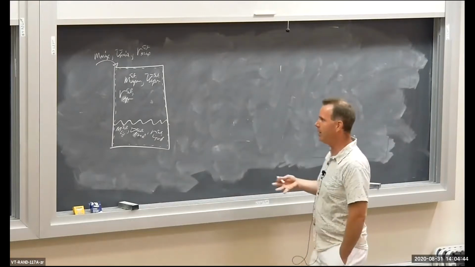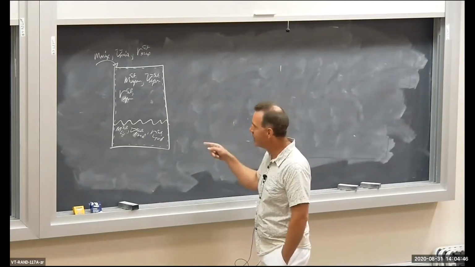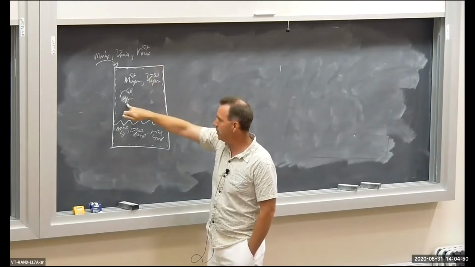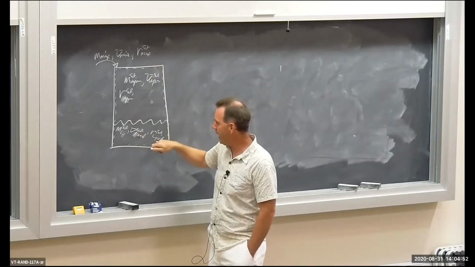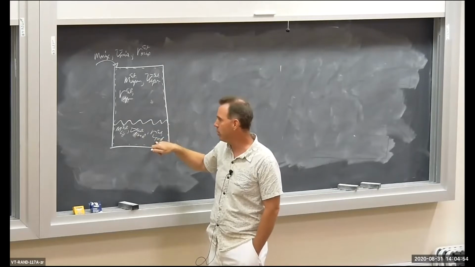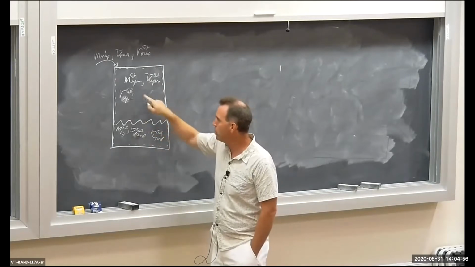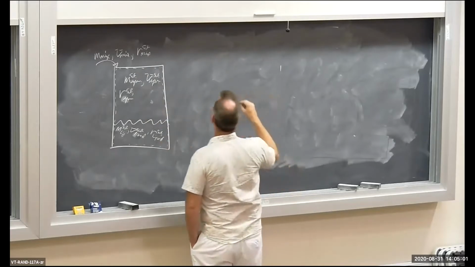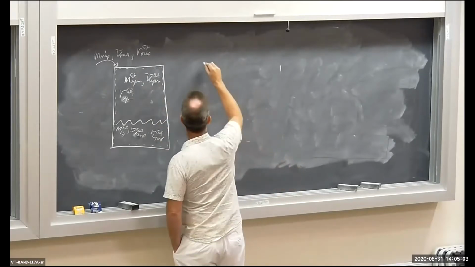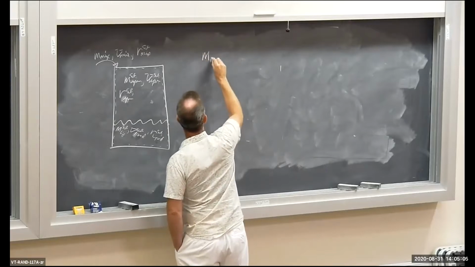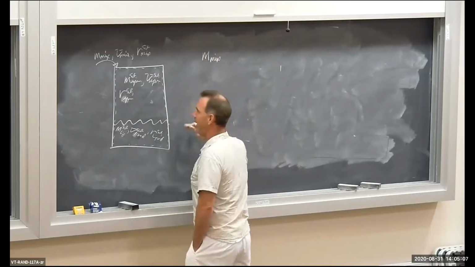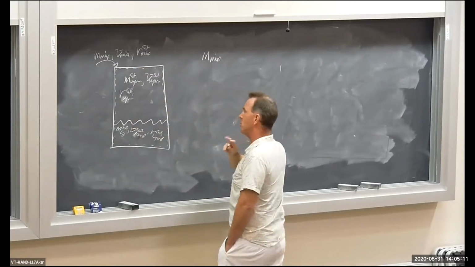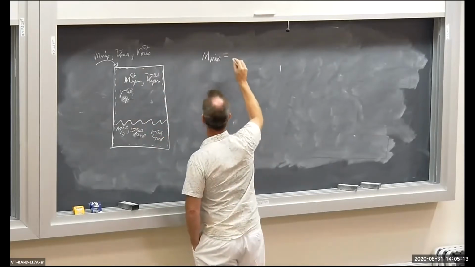Let's try to develop a way to relate the specific volume for the mixture to the specific volume of the vapor component and the specific volume of the liquid component. Let me write down two equations here. First equation: the mixture mass, the whole mixture, is equal to two masses added together.